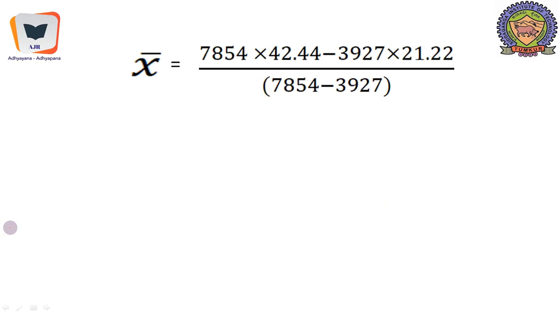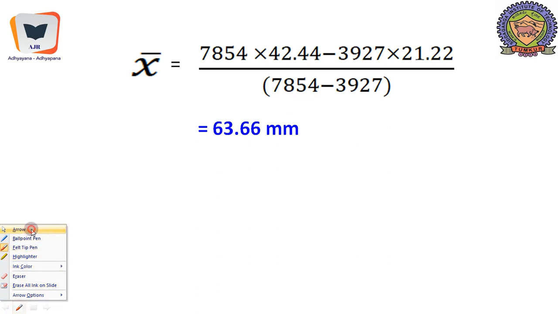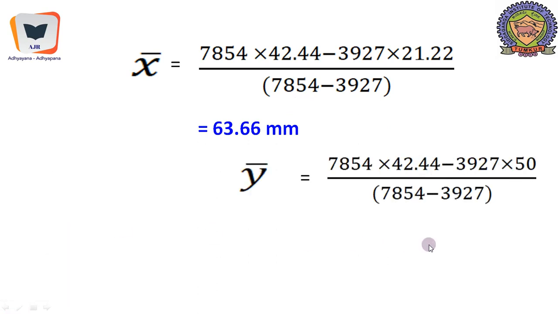Now we will substitute all the values that we have computed, and A1 x1 minus A2 x2 divided by A1 minus A2 will give us 63.66 millimeter as far as x bar from the reference axis is concerned. In the same token, y bar is A1 into y1 minus A2 into y2 divided by A1 minus A2, with A1 being 7854.